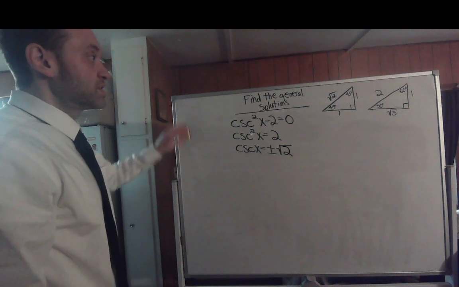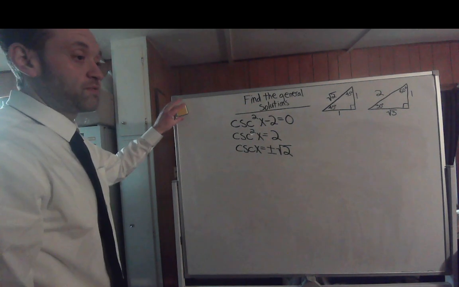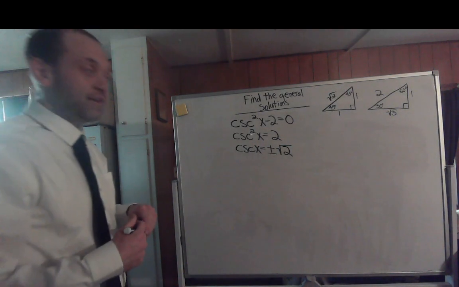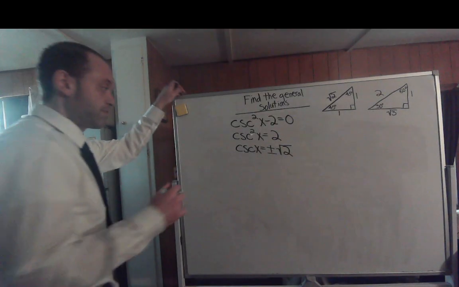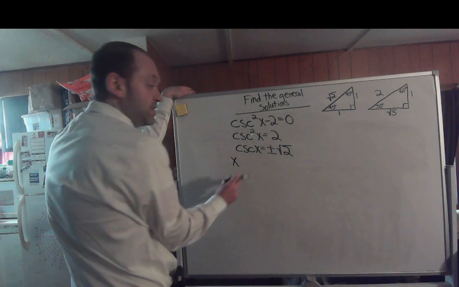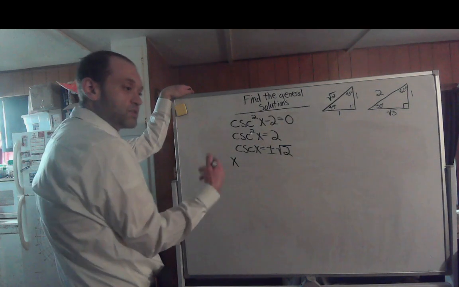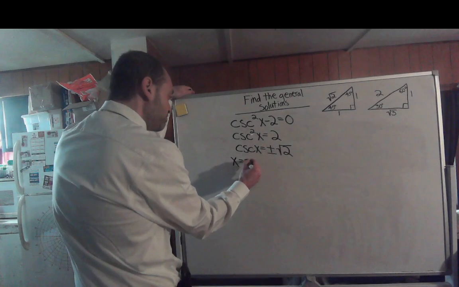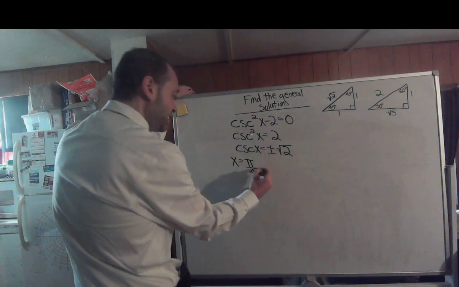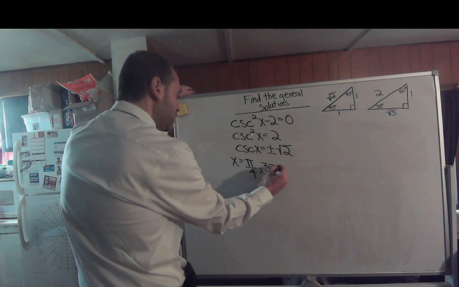So where does the cosecant of x for a reference angle equal the square root of 2? That would be a 45-degree angle, which would be a pi over 4 reference angle. So in the interval from 0 to 2 pi, you would start with pi over 4, and since you have both positive and negative roots, you'd have 3 pi over 4.